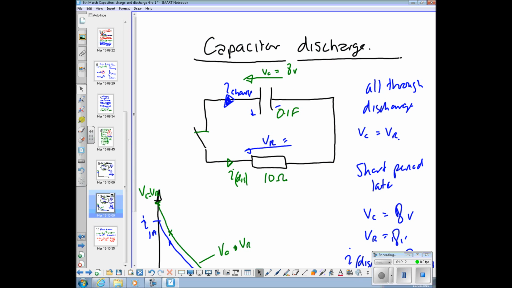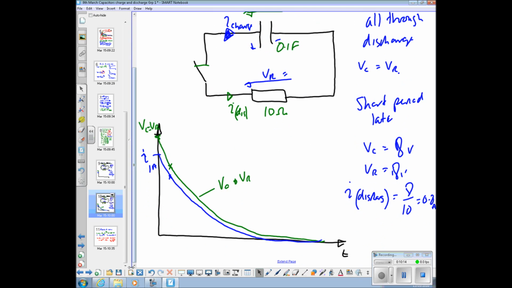Okay, and again on our graph, just going back to that, on our graph, if we carried on at the original rate of fall, we put this line in here again, original rate of fall, that's where t equals CR, the time constant, is for the discharge as well.